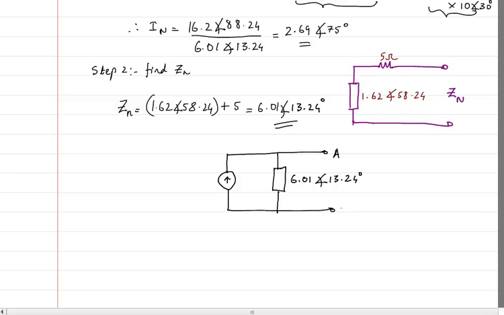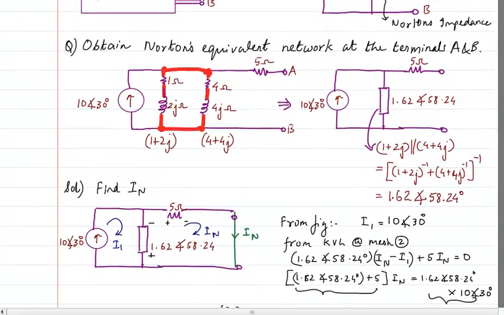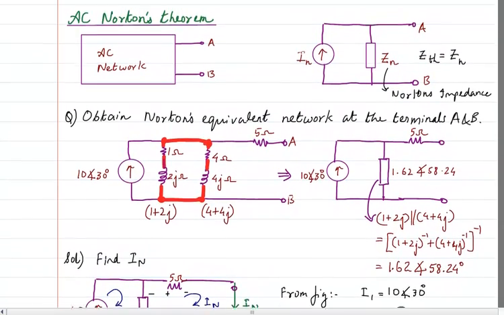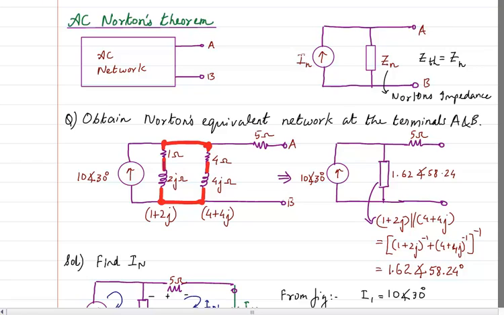This is terminal A, B, and this is IN, which is 2.69 angle 75 degrees. So that is what we have for solving the Norton's equivalent network for any terminal AB.